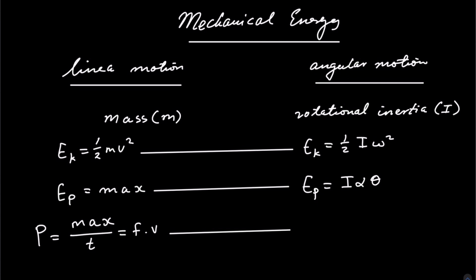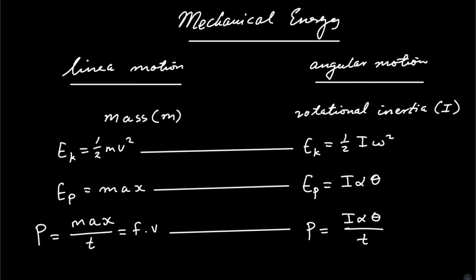Okay, now here we go. For the rotational motion, we can again do the same thing and say power is equal to, okay, and then we will realize that the theta over t is basically the omega, which is the velocity. So this part over here is basically the angular speed.